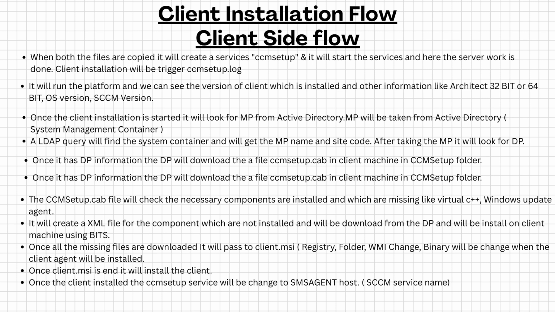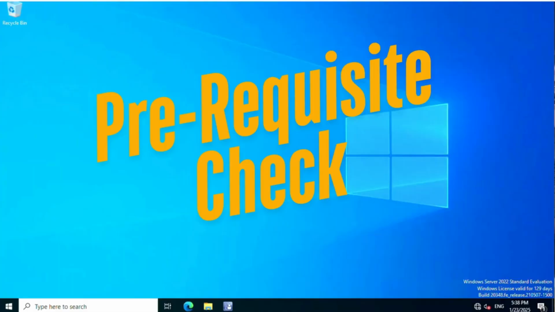Then we can see it reaches out to the management point, and then downloads all the files from the server which are missing from the device. So just go with the points. I'll show you what exactly happens as per the log. It will help you to understand better, and it will help you to better troubleshoot the issues. So let's check.